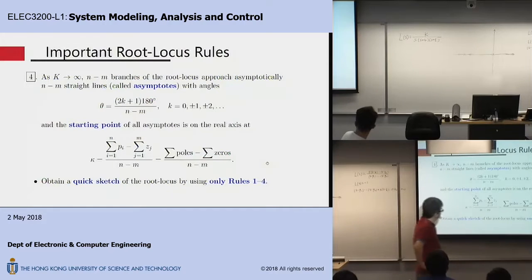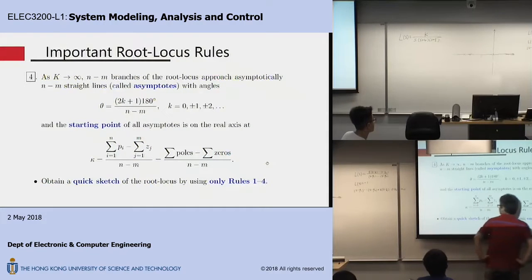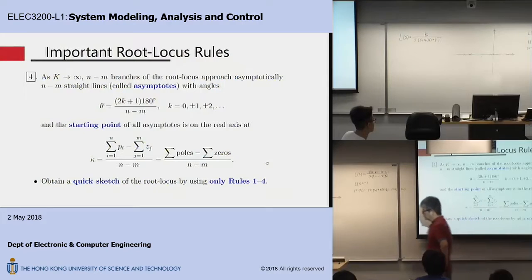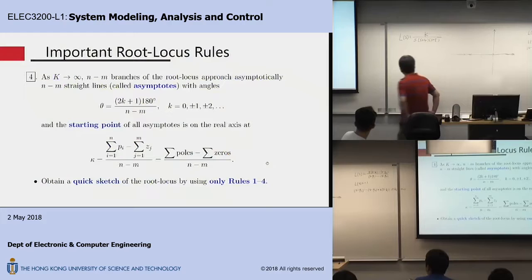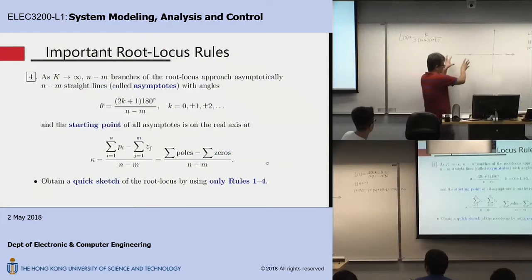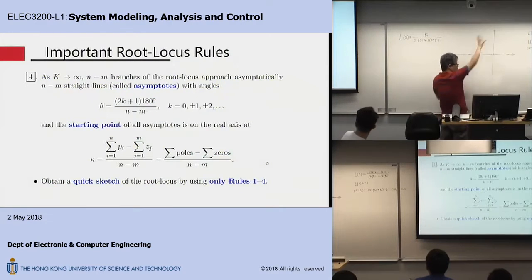So this rule somehow captures how the root locus goes to infinity.